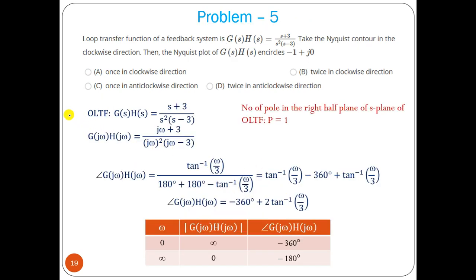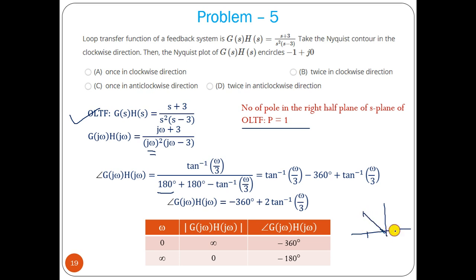So this is the open loop transfer function, p equal to 1, that we know. We have to put s equal to j omega. Then we can find the magnitude and the angle. The angle is tan inverse omega by 3. Here it is 180 degree, as there are 2 poles, and here it is minus 3 plus j omega, in the second quadrant.